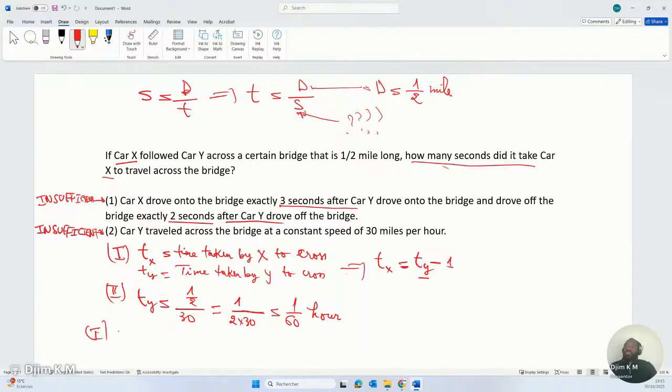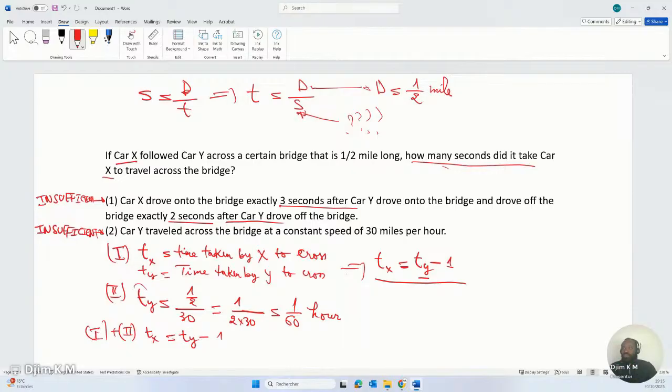But you will see that if we combine the conditions, condition one gave us this equation: the time it took car X is equal to the time it took car Y minus 1.